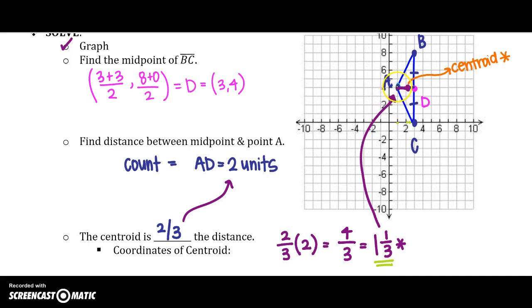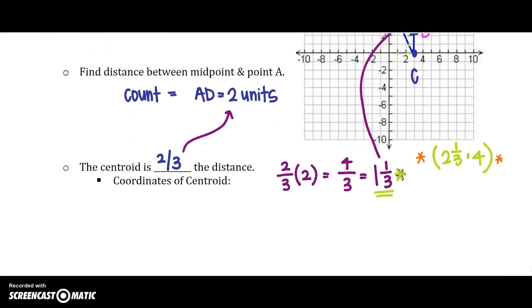You can think, okay, I started at 1 and I went over 1 1/3, so that would be 2 1/3. Then I'm going to go up 1, 2, 3, 4 to get the coordinates of my centroid to be (2 1/3, 4).